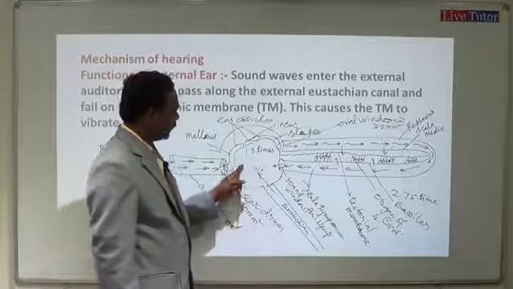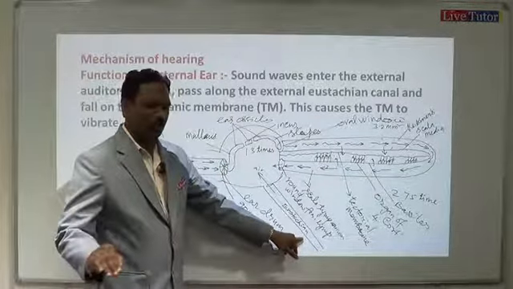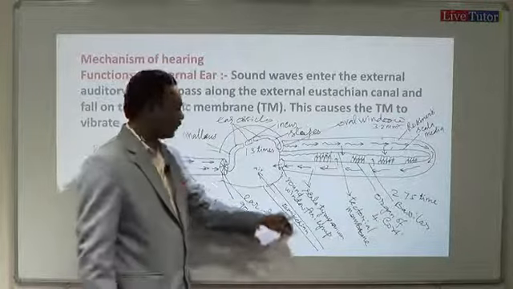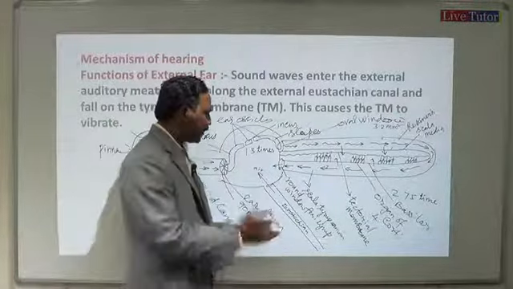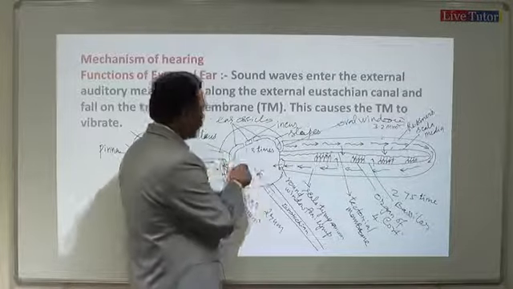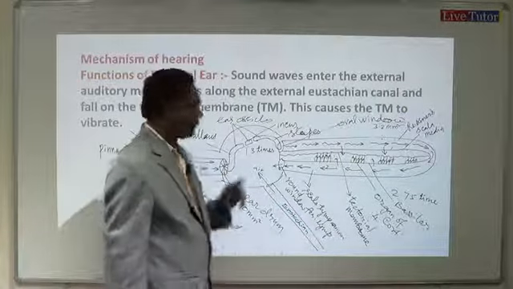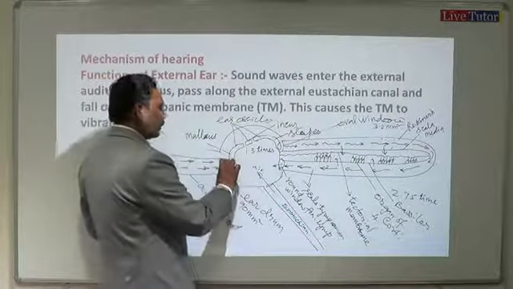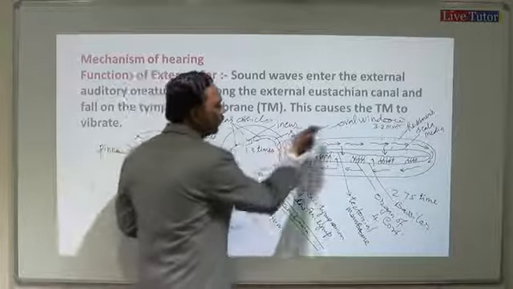The middle ear is connected to the nasopharynx through a canal called the Eustachian canal, which allows the flow of air and equalizes the air pressure in the middle ear and the external atmosphere.